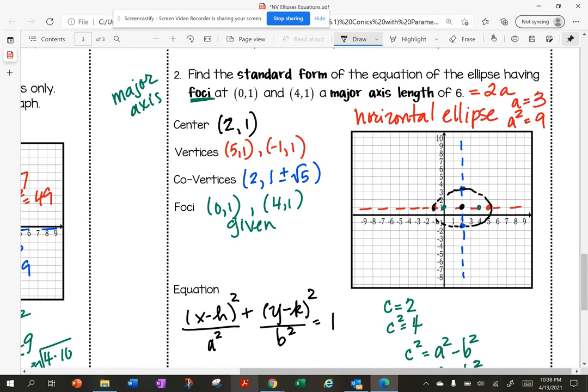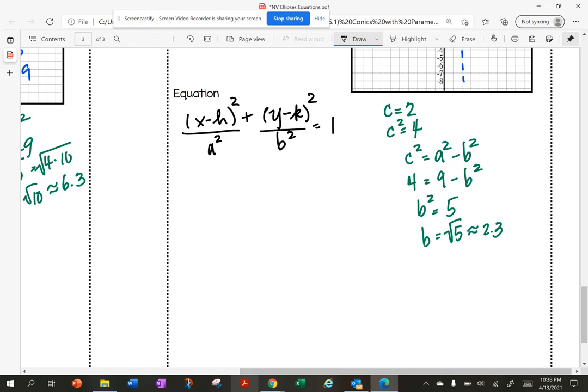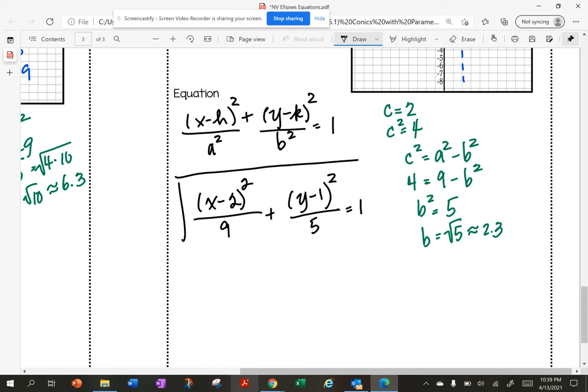So substituting in, h is 2 and k is 1. So this is x minus 2 quantity squared. A squared is 9 plus y minus 1 quantity squared, and b squared is 5 equals 1. So here's my equation.